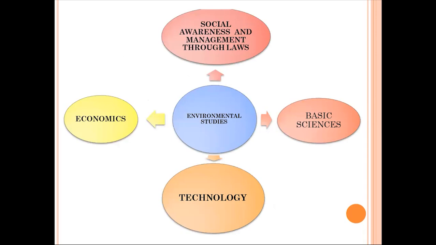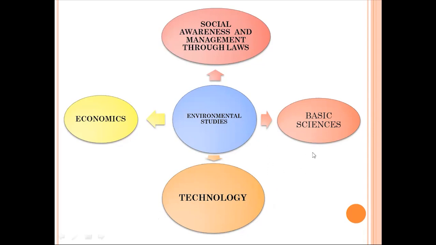So on one hand, we use technology to address environmental issues or problems like pollution, then limited natural resources that are available, so that we can develop technologies to harness the renewable energy resources like sunlight and use it as an alternative source of energy.